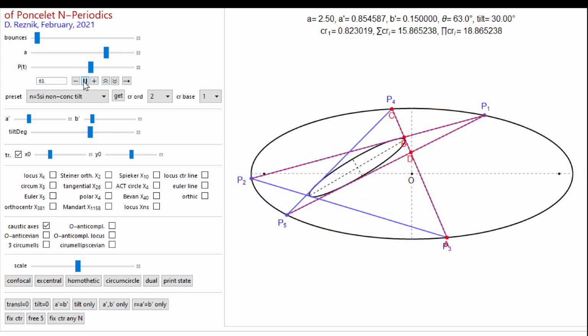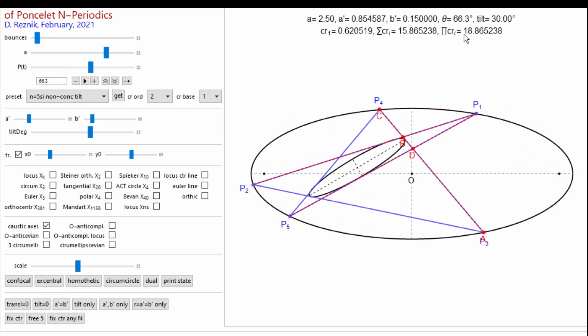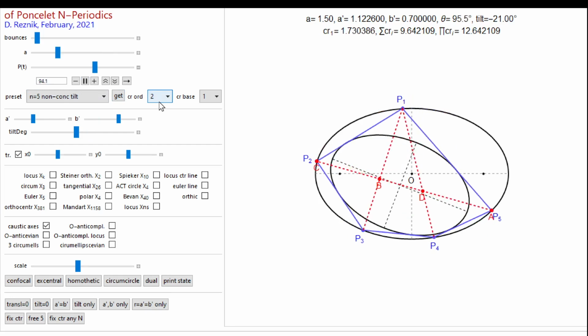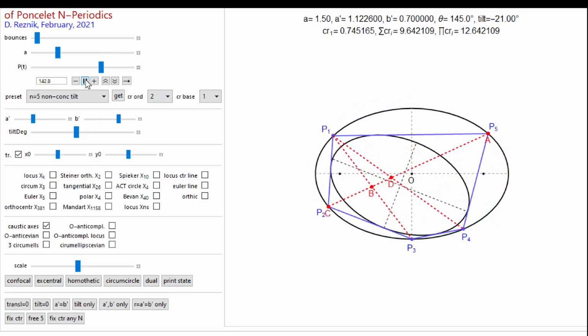Now I want you to take a look at these 2 numbers. Okay, product is 18.865 and so on, and the sum is 15.865 and so on. It looks like the product is exactly 3 integral units above the sum. Okay, was this the case on the previous situation when they did not? This was not a self-intersecting 5 periodic.